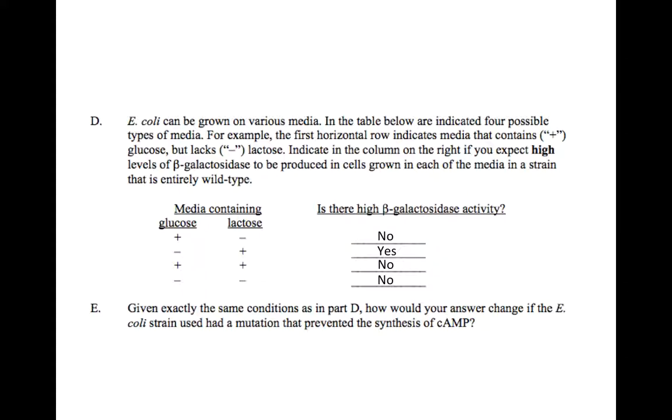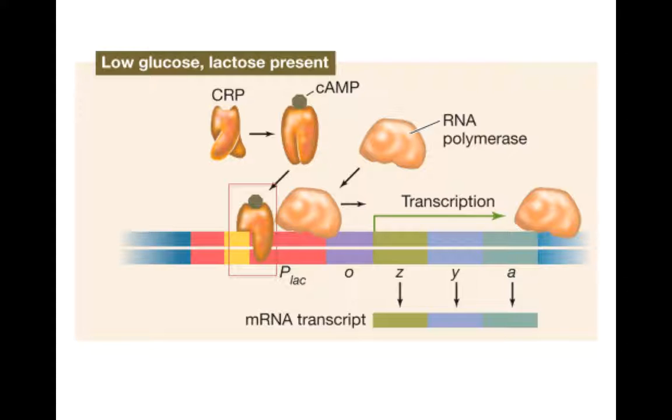Part E asks us how the answer to part D would change if cAMP were not present in the cell. As we've discussed, cAMP is necessary for activating CRP to bind to the lac operon promoter. And then this CRP-cAMP complex binds to the promoter and attracts the RNA polymerase to a more substantial degree than without it.